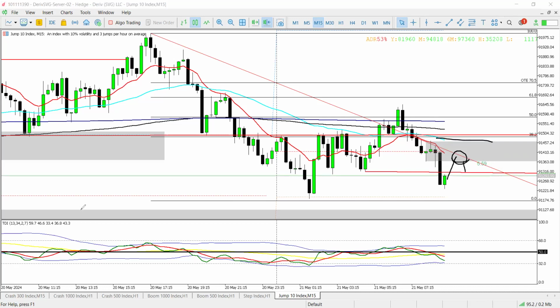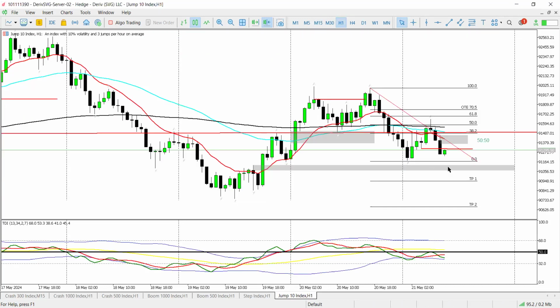Then we can use this gray zone, which we marked from the daily, as our take profit target. If we break the gray zone, we're looking forward to a retest, to add sells or to enter sells if you're not in the trade already, and look for take profit here.